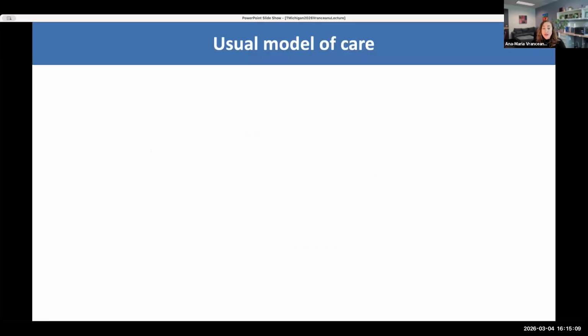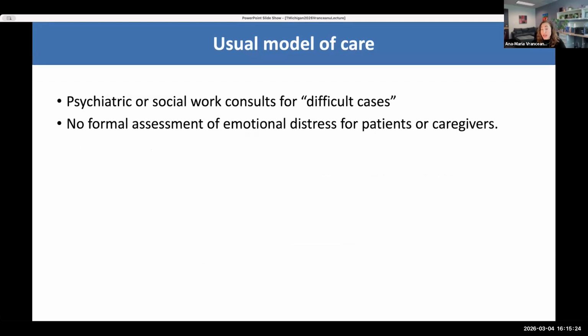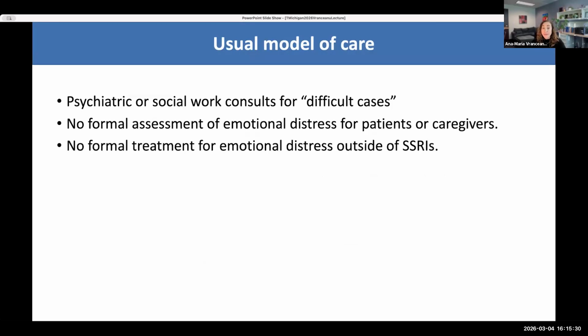A case like William and Laura's is common in the ICU, and per the usual model of care, what would happen in this situation is that a psychiatric or social work consult would be started. There wouldn't be any formal assessment of emotional distress for the patient or the caregiver, and there wouldn't be formal treatment.